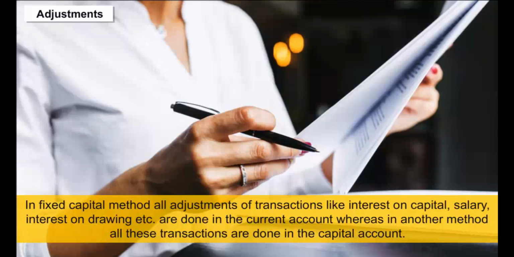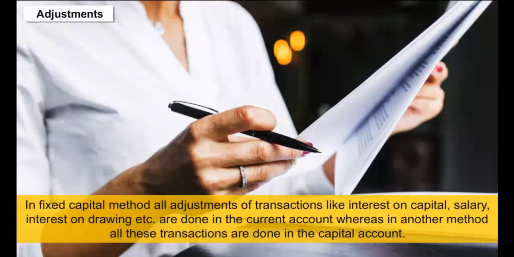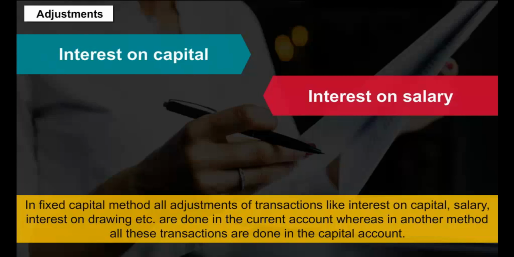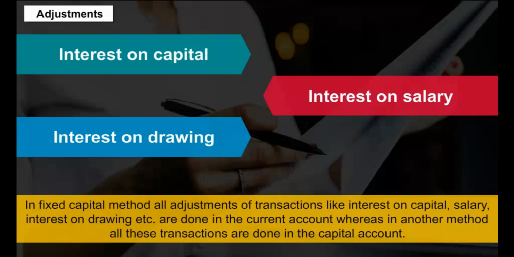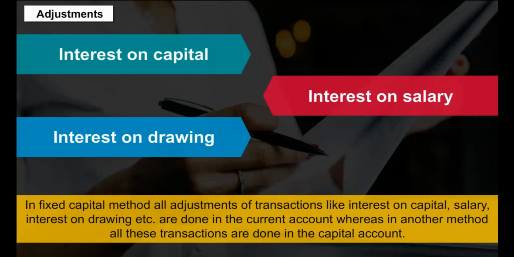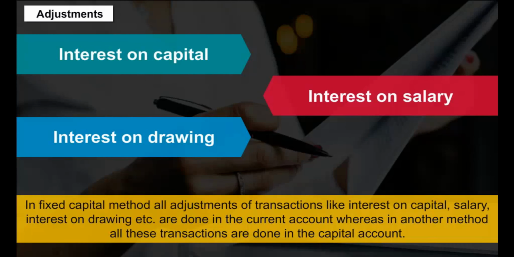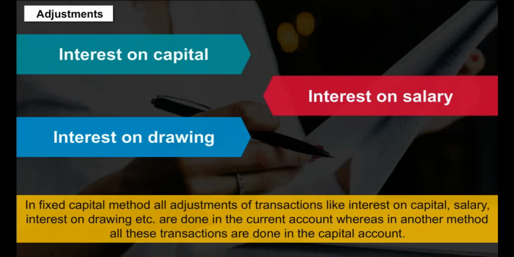Adjustments. In fixed capital method, all adjustments of transactions like interest on capital, salary, interest on drawing, etc. are done in the current account, whereas in the other method, all these transactions are done in the capital account.